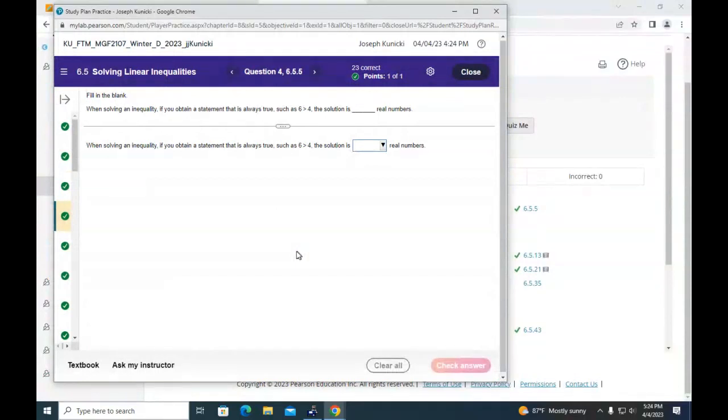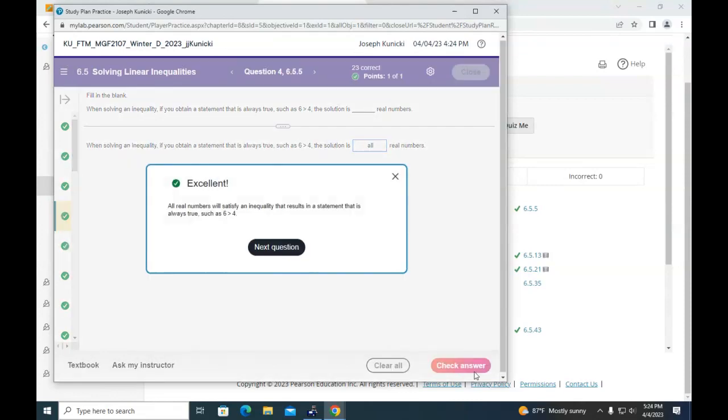When solving an inequality, if you obtain a statement that's always true, such as 6 is greater than 4, then the solution is, see what they're driving at is that all the variables vanish. So if you get a true statement, all real numbers.